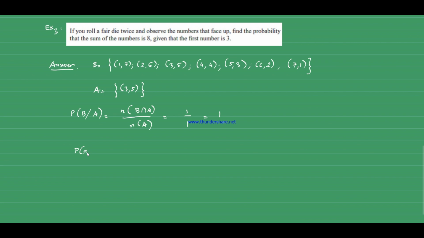So the probability of B given A will be the probability of B intersect A over the probability of A. For B intersect A, the sum is 8 and the first number is 3, so only one of them. 1 over what is the total? We roll it twice, so it will be 36, right?